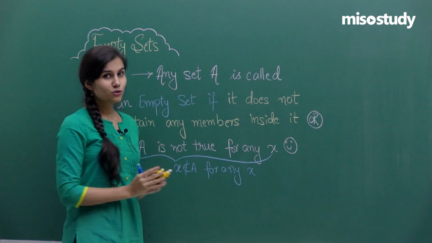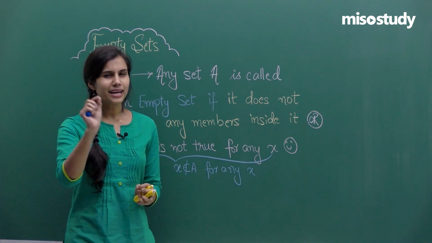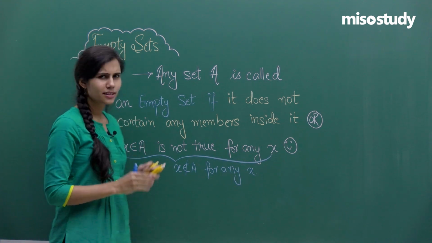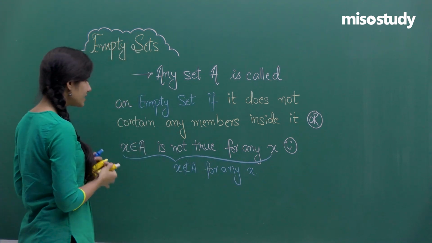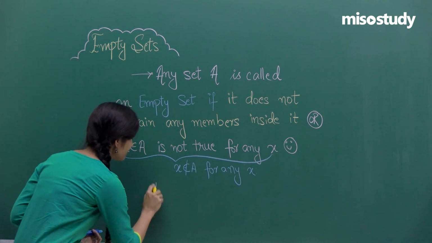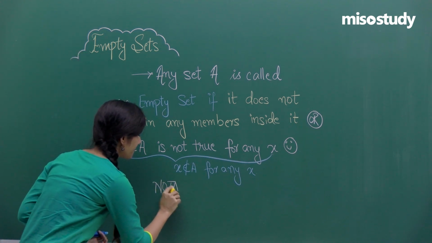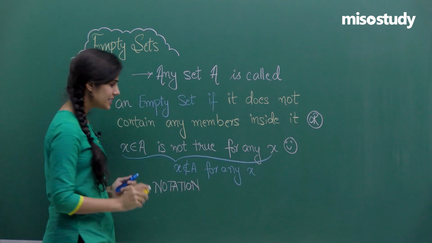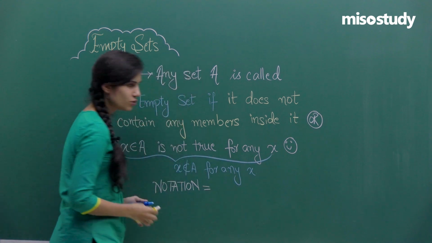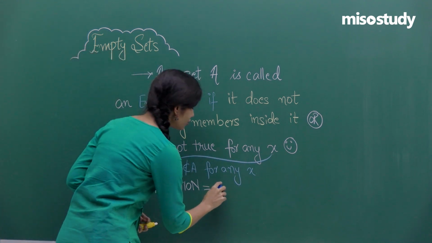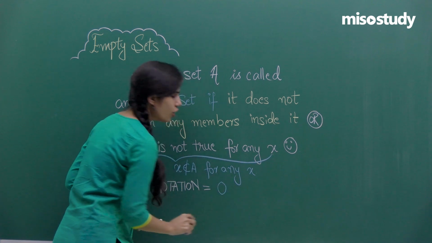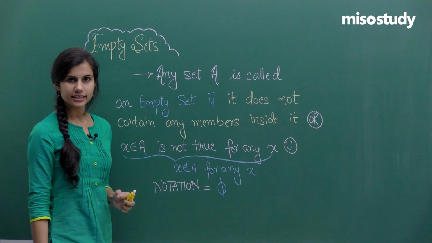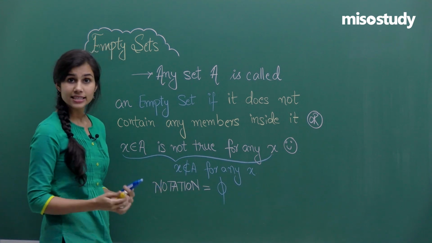I had promised you to give you a particular mathematical symbol, and now it's your turn to wait for that symbol, but the wait is over because the notation which is used for empty sets is equal to, well, what is it? You just have to make a circle or an oval and strike that off with a vertical line. This particular symbol has a name.